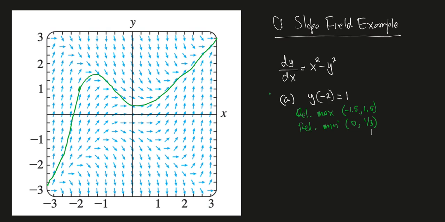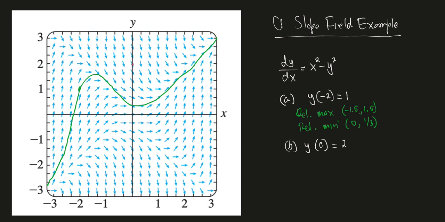Now let's try a different condition. Let's say part B, another solution that passes through the point y of 0 is equal to 2. So when x is equal to 0, right in the middle here, y is equal to 2, so it's right here.